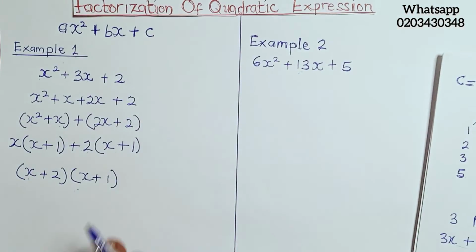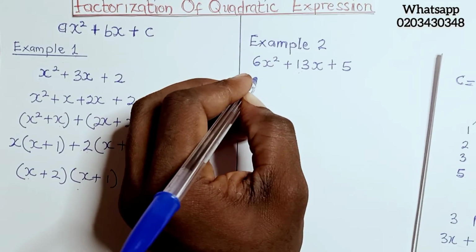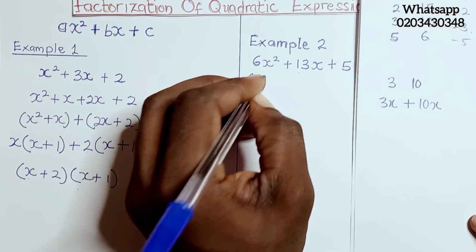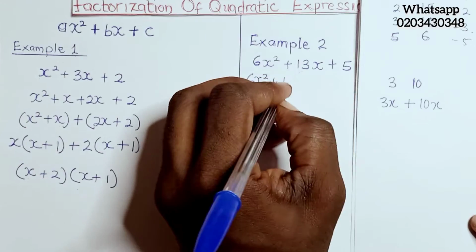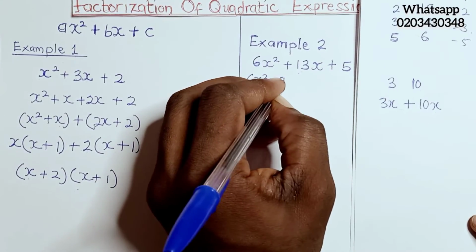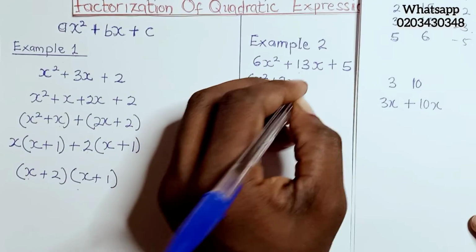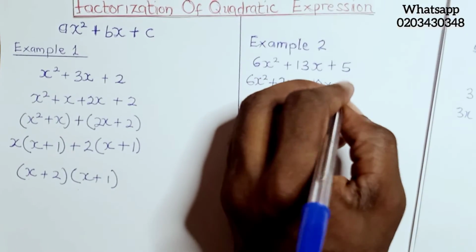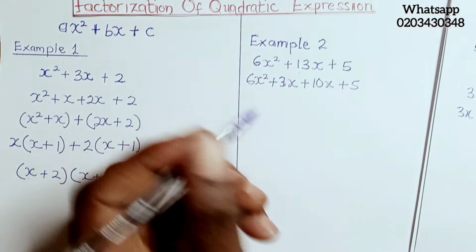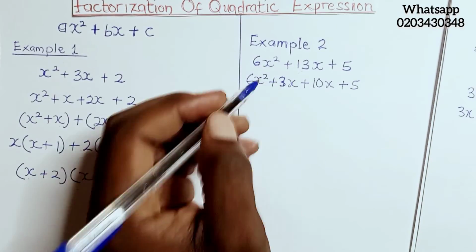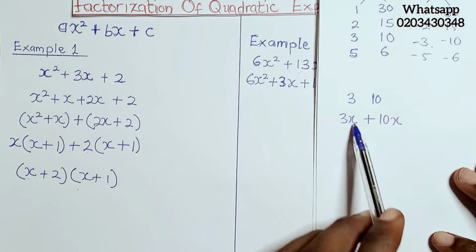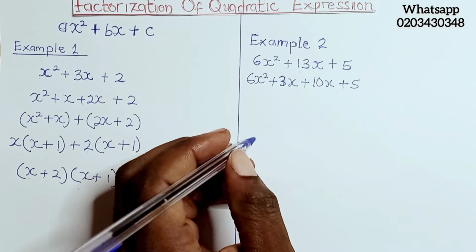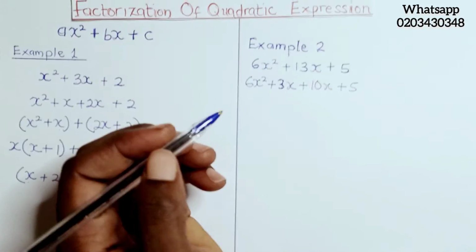We will rewrite this equation as 6x squared plus 3x plus 10x then plus the 5. So we use the 3x and 10x here to replace the 13x. So we can now continue with the process.